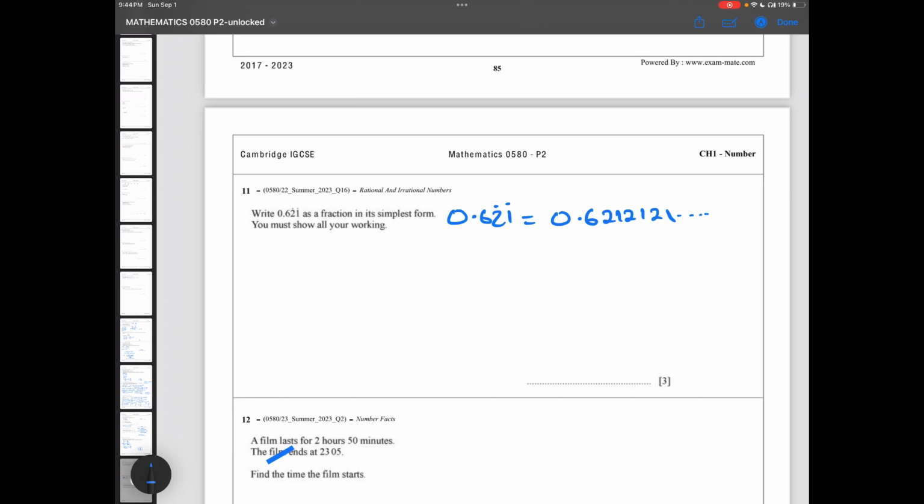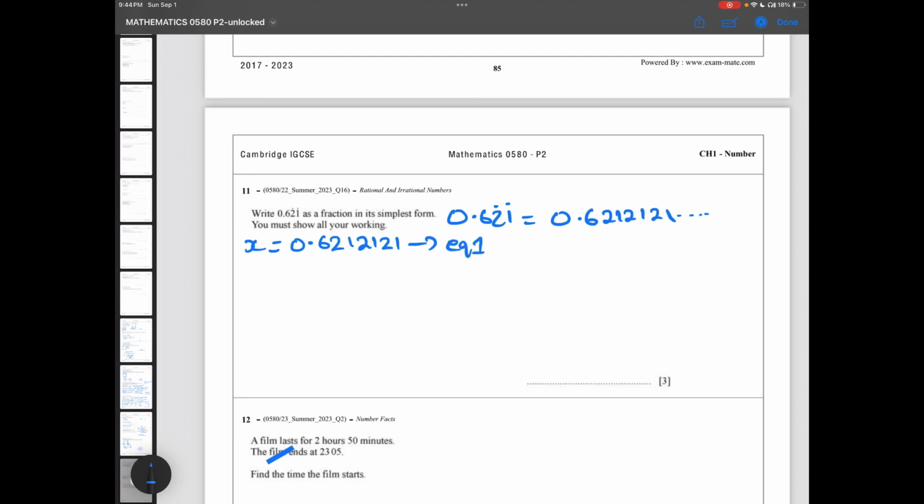In the first step, you suppose that x is equal to 0.621212121. Over here we have two recurring decimals. This is my first equation.